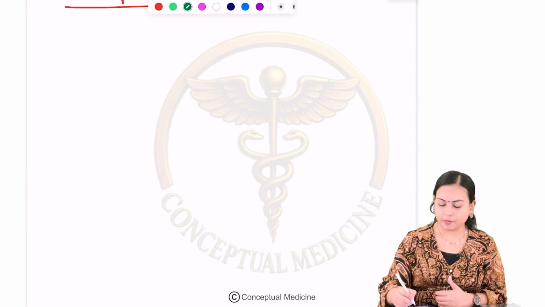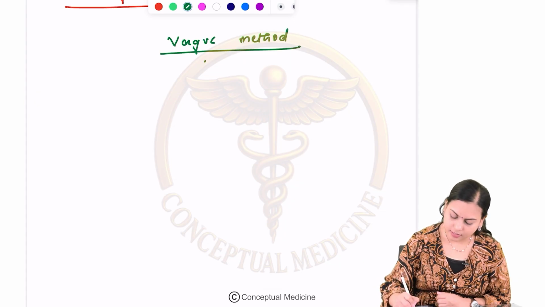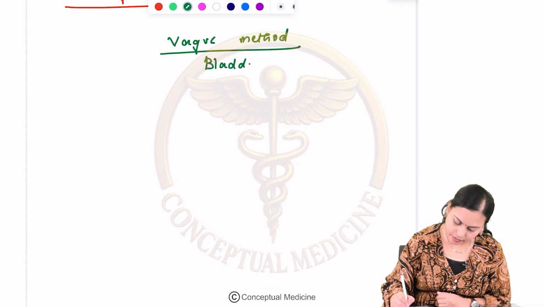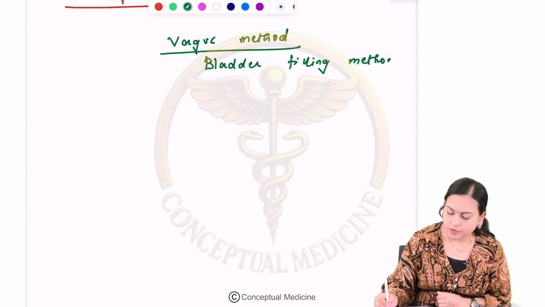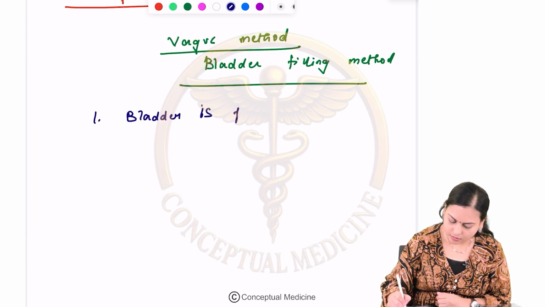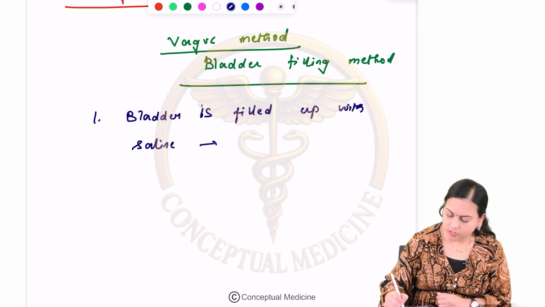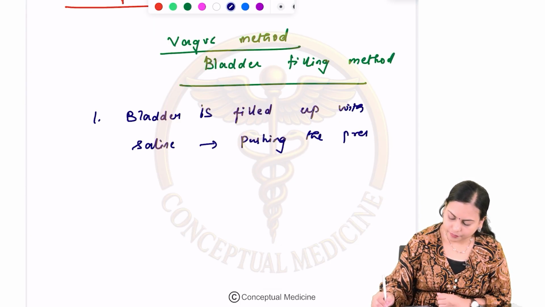Okay, for that we will be performing a method called Vago's method, or it is also known as the bladder filling method. What we'll be doing in this method is, the bladder is filled up with saline so that it will be pushing the presenting part higher up.